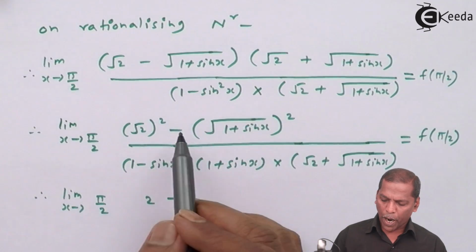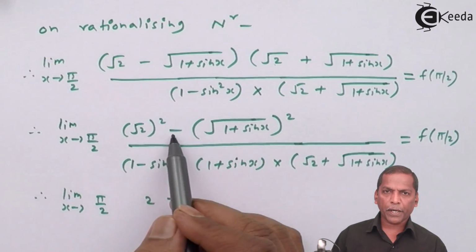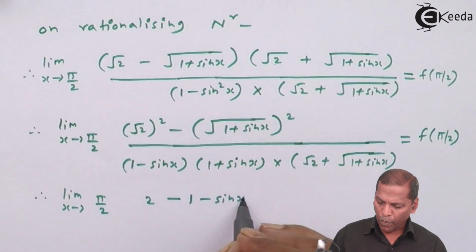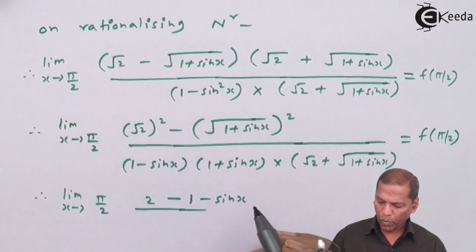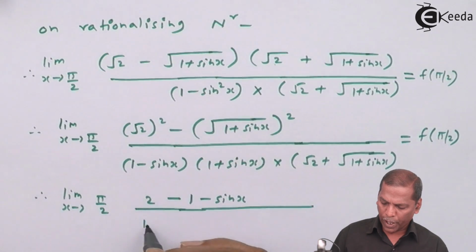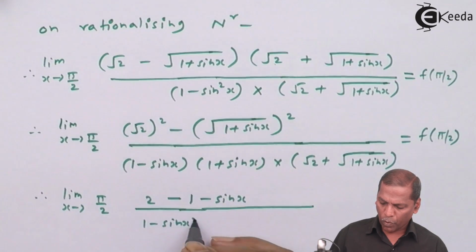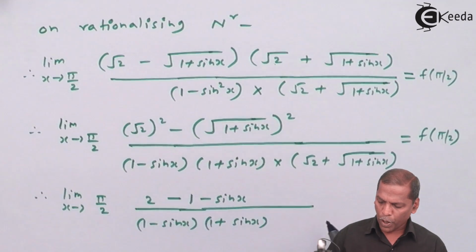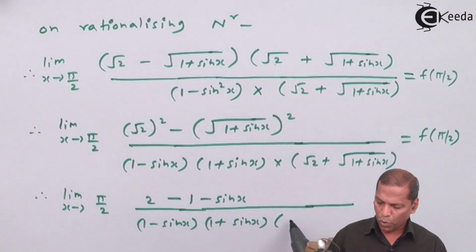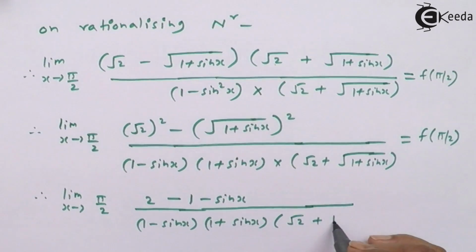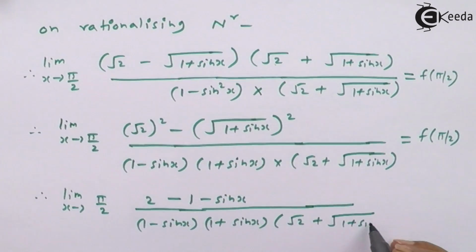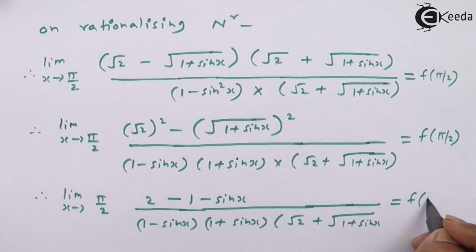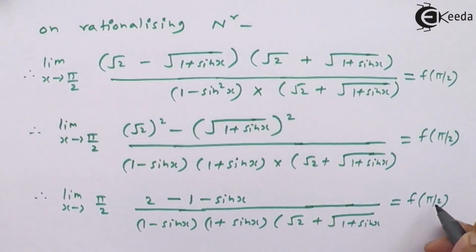But because of the minus sign outside the brackets, it gives us minus 1 minus sin x, upon, we write in the denominator 1 minus sin x into 1 plus sin x into root 2 plus square root of 1 plus sin x, and that is equal to f of pi by 2.